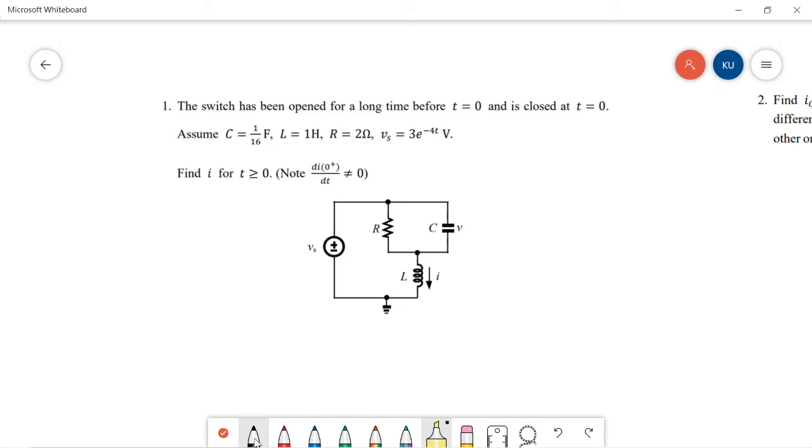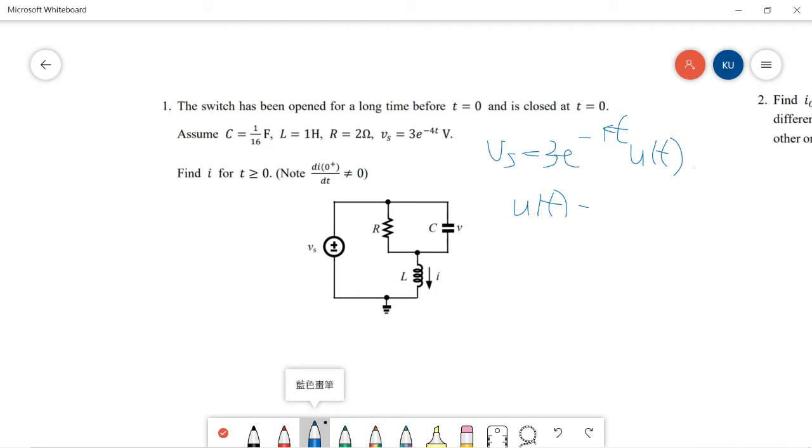Or equivalently, if you just ignore the switch, you can regard Vs to be 3 exponential to the minus 4t times the step function. u(t) is the unit step function, which means it is 1 for t larger than or equal to 0, and 0 for t smaller than 0.